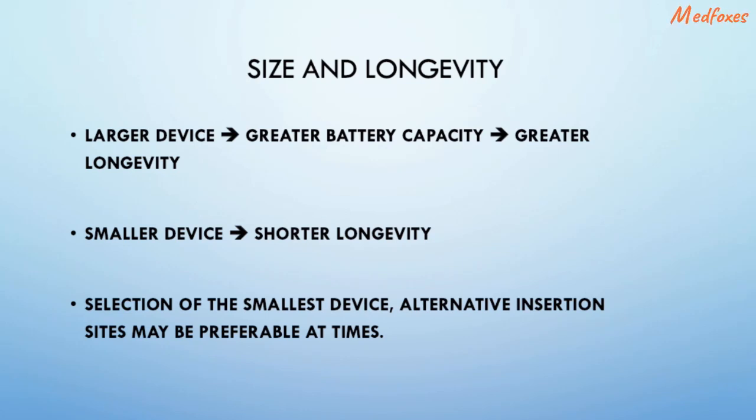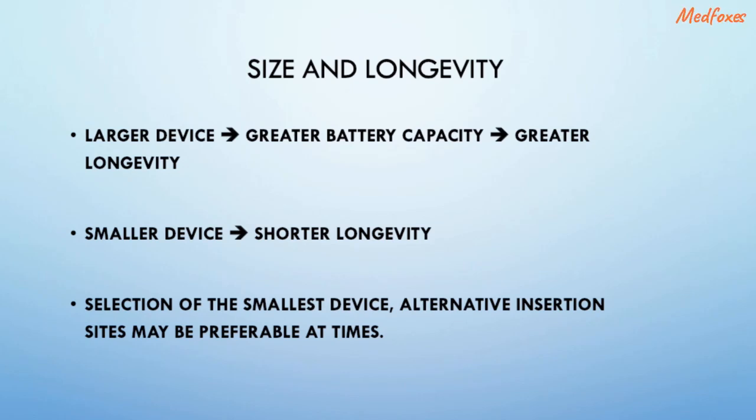Patient size, particularly in smaller patients or children, may rarely constrain the site of device placement because of either limited pectoral tissue to support the device or cosmetic concern. In these situations, the options available are smaller devices with shorter longevity. Subpectoral placement and less commonly used sites may be used.